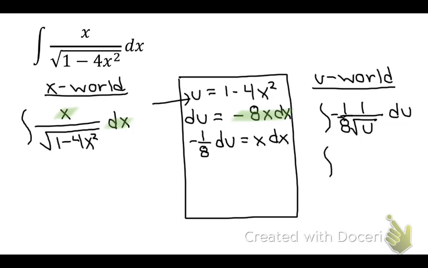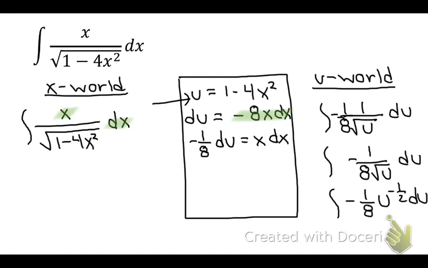We've got the integral of negative 1 over 8 square root of u du. And we can rewrite that square root as an exponent of negative 1/2 so that we can use a one-step rule there. So we'll have the integral of negative 1/8 u to the negative 1/2 du.